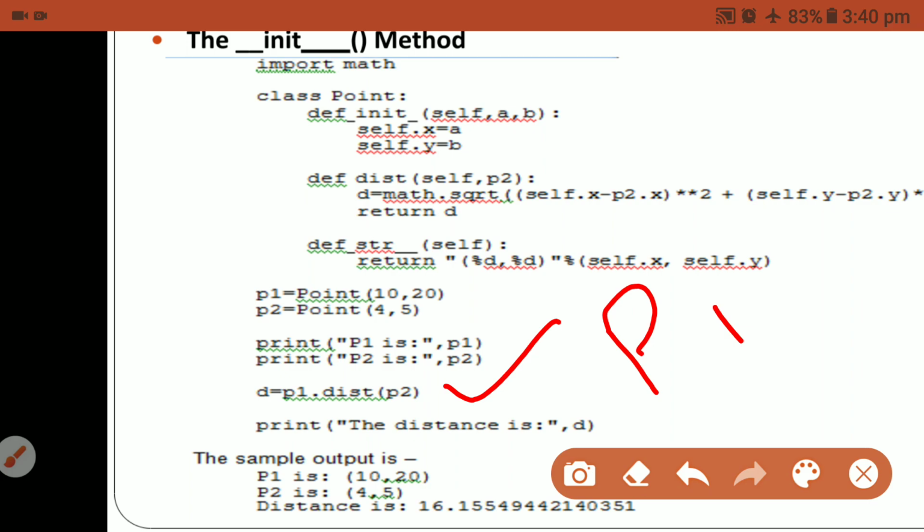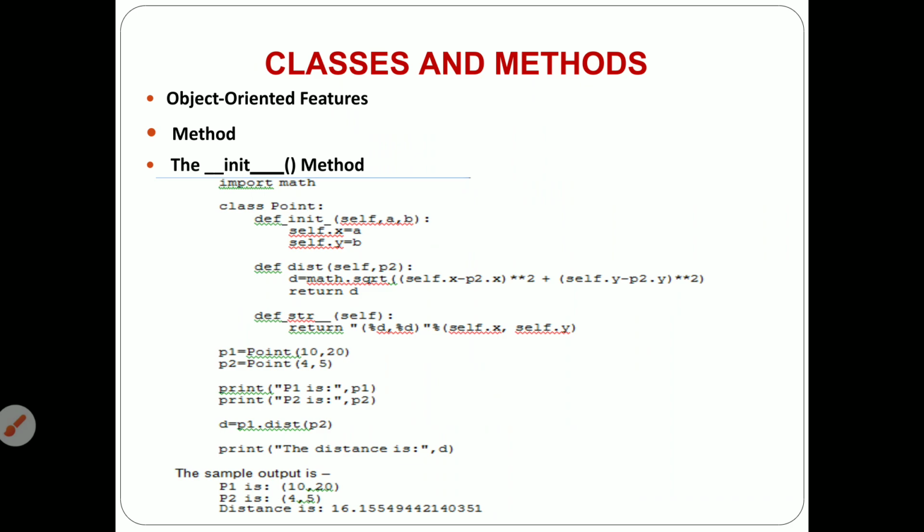In this distance method, the distance between the two points, p1 and p2, is calculated with the help of the Euclidean distance formula: the square root of (x minus x1) squared plus (y minus y1) squared.